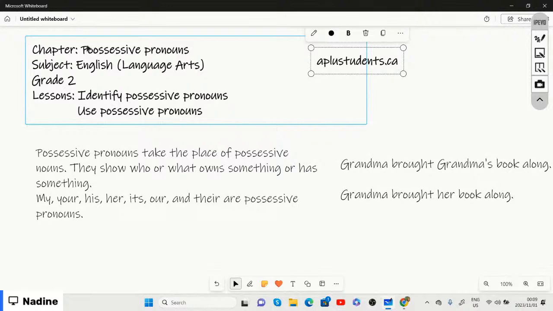So those are possessive pronouns. So we use words like my, your, his, her, its, our, and their as possessive pronouns.